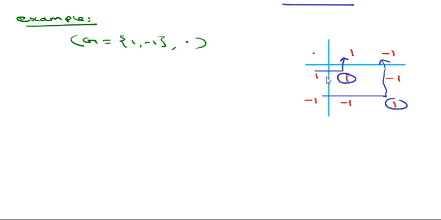So the inverse of 1 is 1 and inverse of minus 1 is minus 1. So this is a group. Moreover, it's an abelian group, the definition of which we will see later.